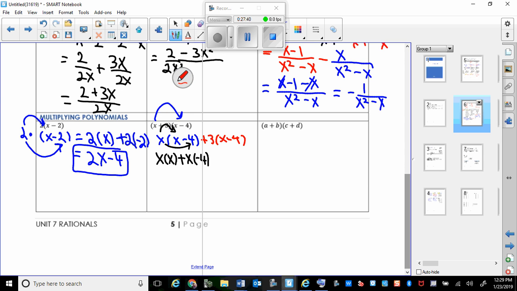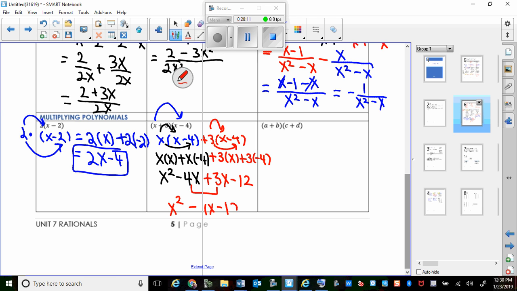I keep going: 3 times x plus 3 times negative 4. Simplified, I get x squared minus 4x plus 3x minus 12, combined like terms, x squared minus 1x minus 12.